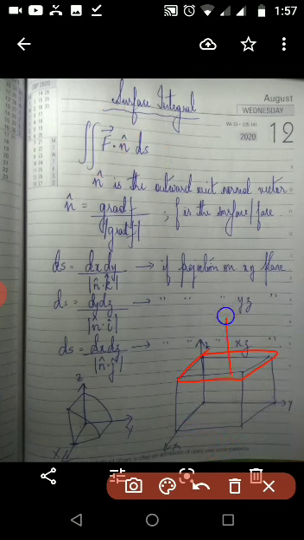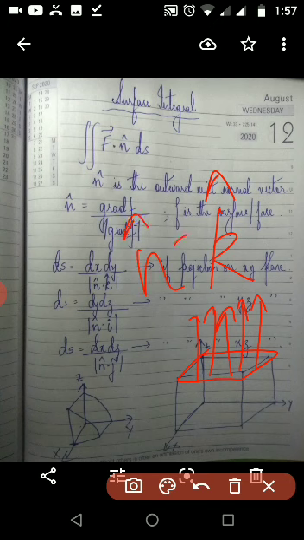I will say n hat is pointing this side. Any normal vector which I consider along this surface will be parallel to the z axis, and in general that normal vector will be parallel to positive k hat. So your n hat in this case for this surface will be k hat.